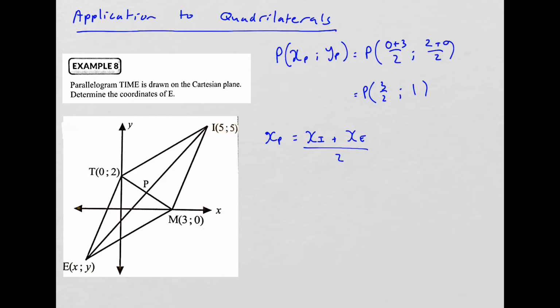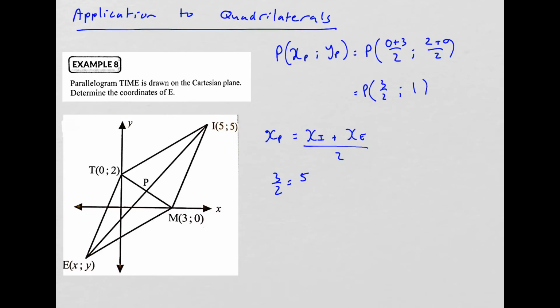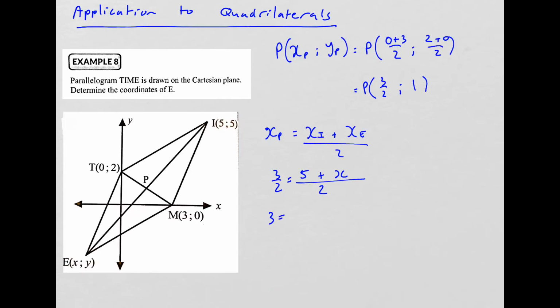All right, so let's substitute in. We've got the x value at P, which is 3 over 2. So 3 over 2 is equal to the x value at I, which is 5, plus the x value at E, which is x, that's what we're looking for, over 2. Right, the denominators are the same on both sides, so we can eliminate them. So we get 3 equals 5 plus x, therefore x equals negative 2.